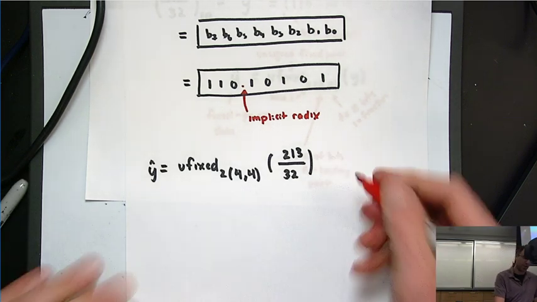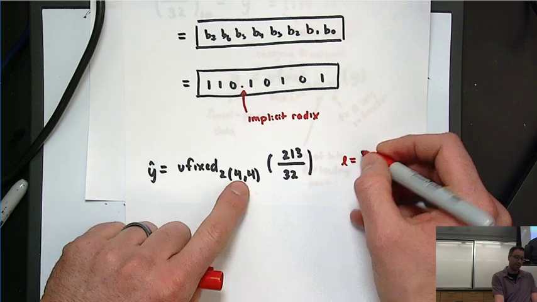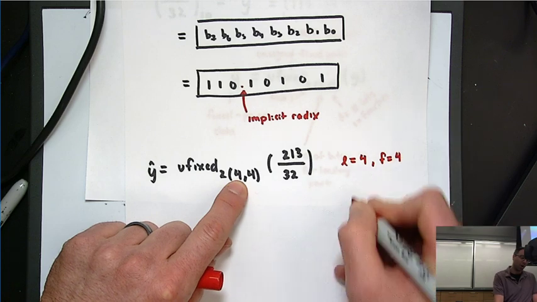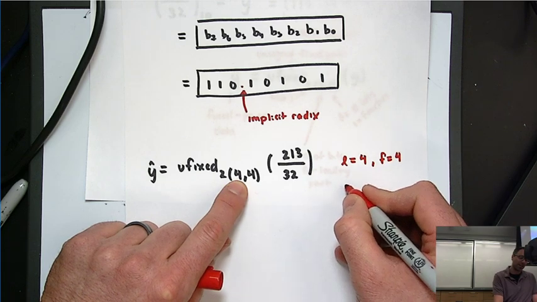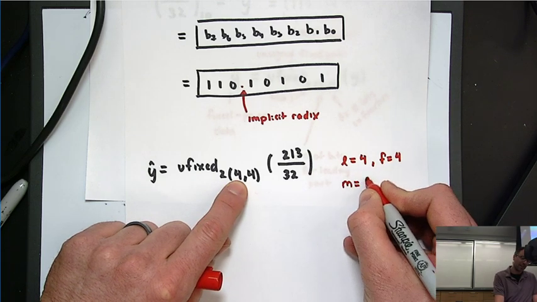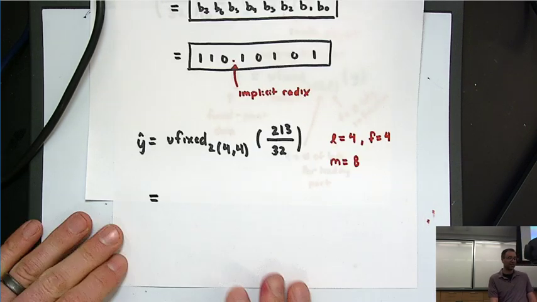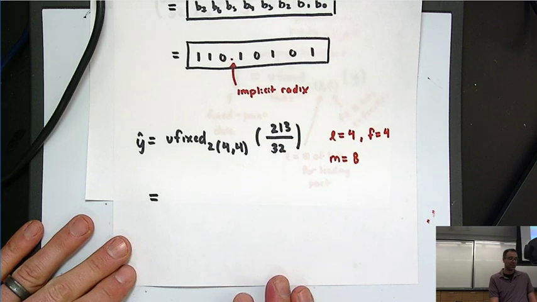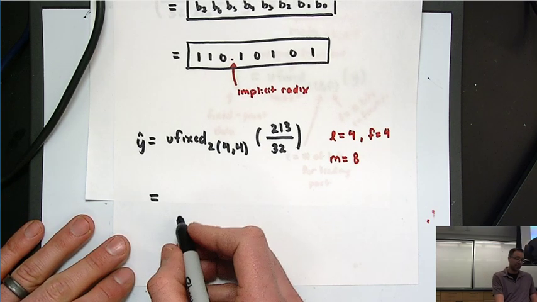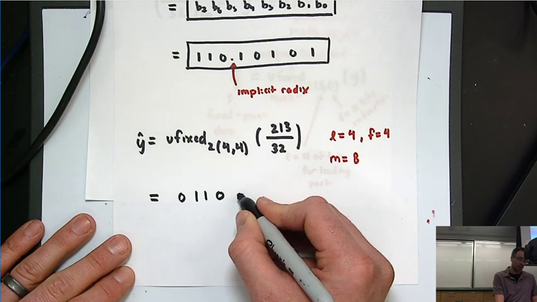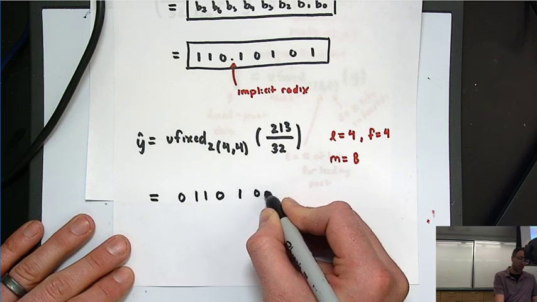Okay, so let's go ahead. L would be what? 4. F is 4. Total number of bits? Yeah, so M is 8. What does this now look like? 0, 1, 1, 0, 1, 0, 1, 0.